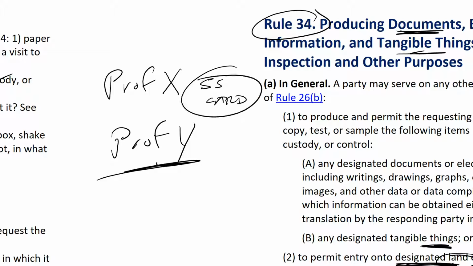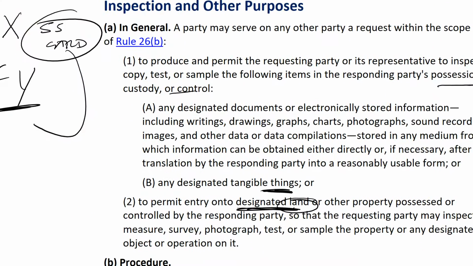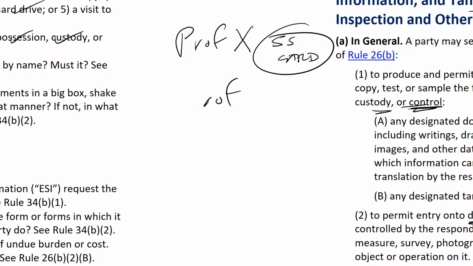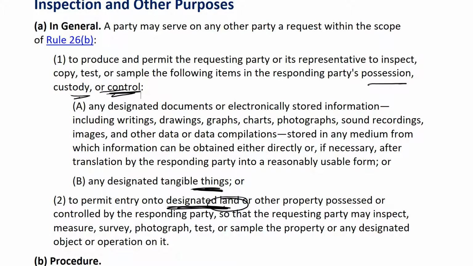Not unless that Social Security card of Professor X is in the possession, custody, or control of the person you're giving the production request to. So you're thinking, well, that doesn't matter. You should just ask Professor X. All right. Fair enough. Let me rephrase then. You can ask somebody for production of something that's in their possession, right? So, for example, the blue pen that I'm using right now on the screen, you could make a production request for that if it falls within the scope of Rule 26(b): relevance, non-privileged, proportionality, right?